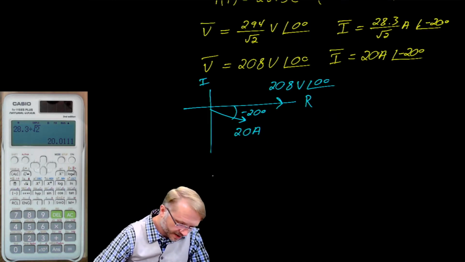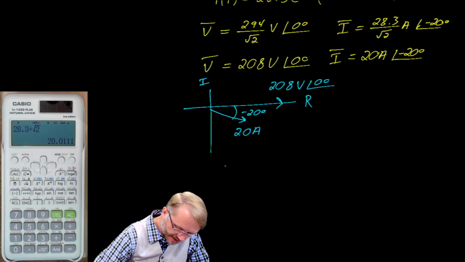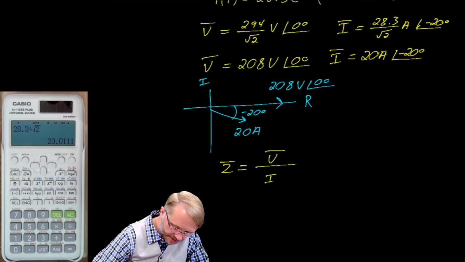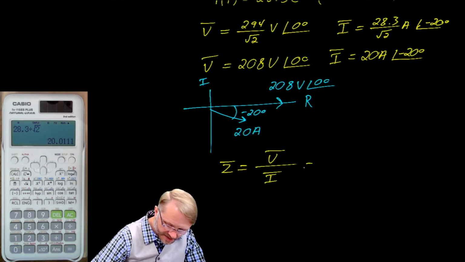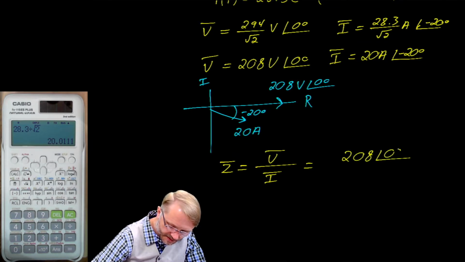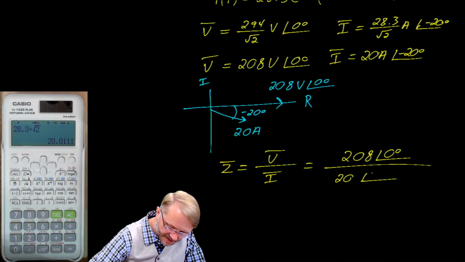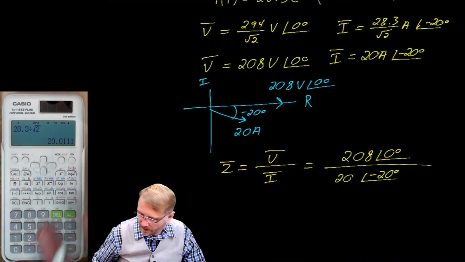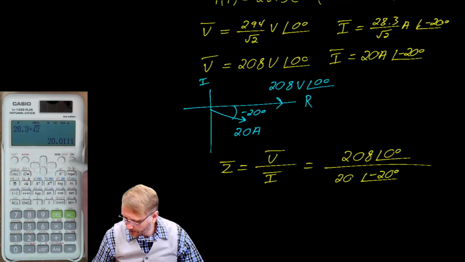As far as Ohm's law is concerned, we can calculate the impedance as a voltage divided by a current. In this case, the voltage is 208 at a phase angle of 0 degrees, and the current is 20 at a phase angle of negative 20. We can enter that directly into the calculator.